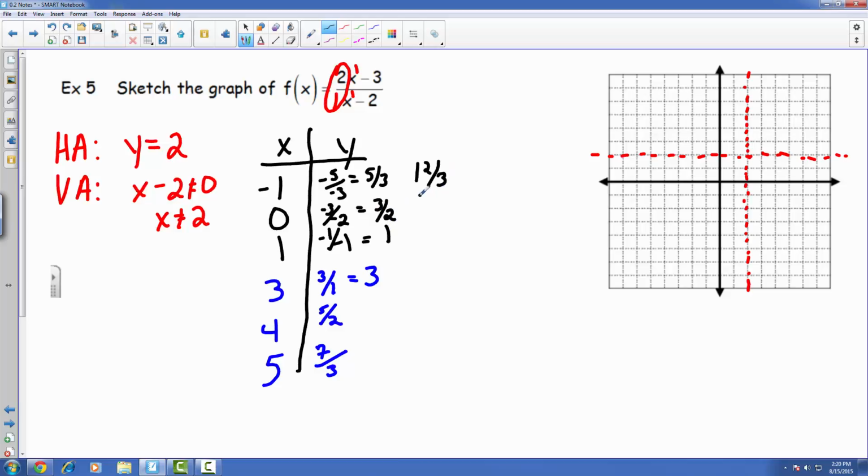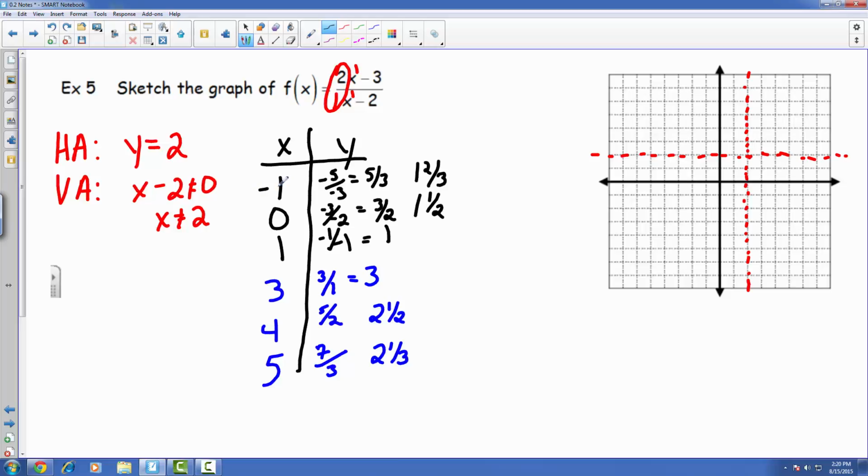This guy will come out to be 1 1/2. 1, 3, that's fine. For the blue ones, 5/2 is the same thing as 2 1/2. And then this one would come out to be 2 1/3. So again, the whole reason for that is now we can graph things a little bit easier.